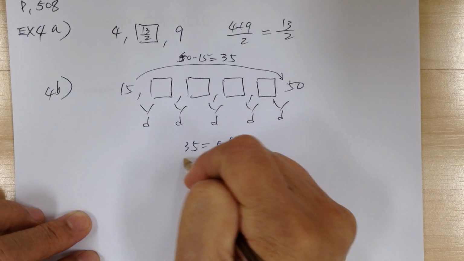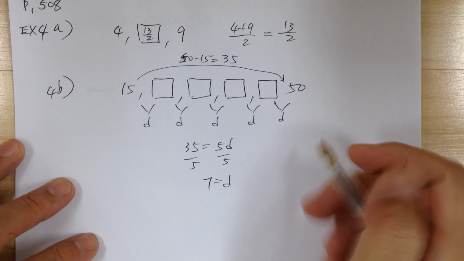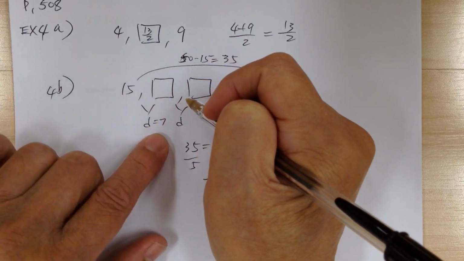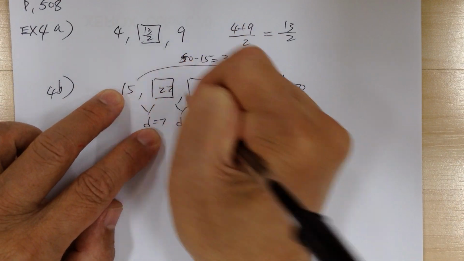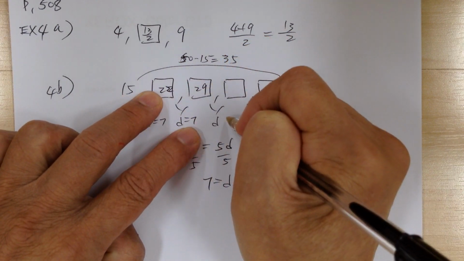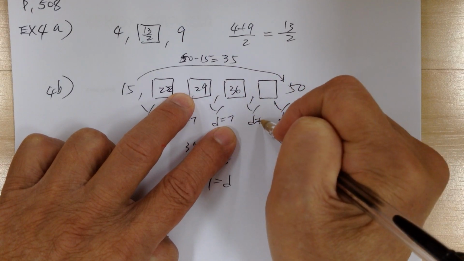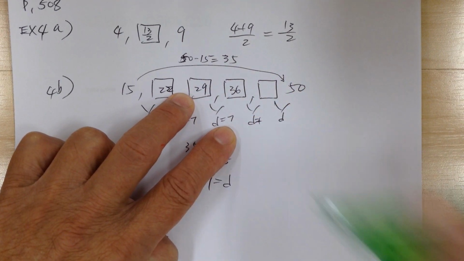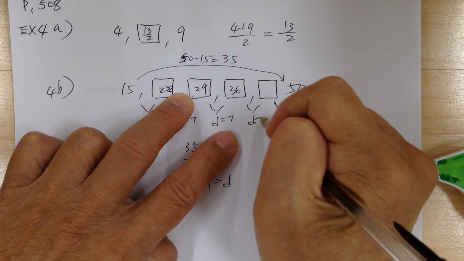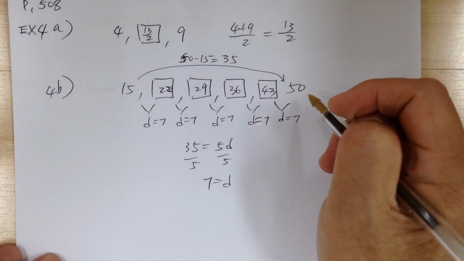So divide by 5, so d equals 7. Okay? Once you figure out d equals 7, you just keep adding 7. So it'll be 22, 29, and it will be 36. And this will equal 43, and plus 7 gives you 50, right?